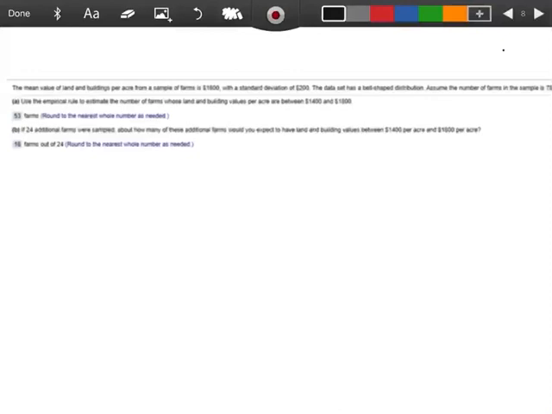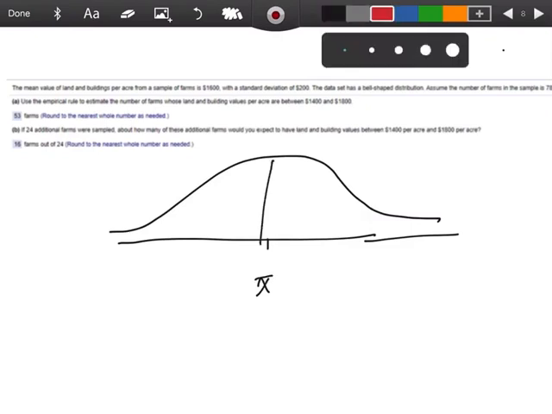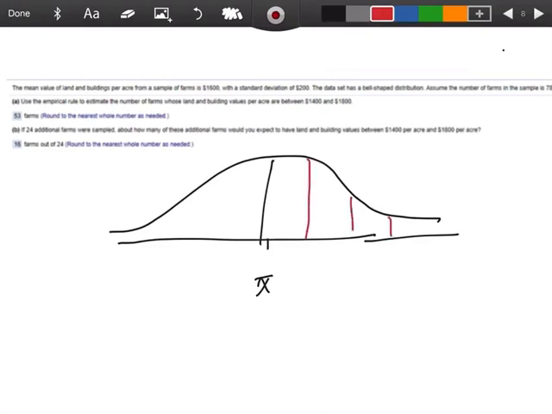The first thing I'm going to think about, guys, is that bell-shaped distribution. It's going to look something like this, and we have our average right here, and then we're going to have our standard deviations to the right and to the left.